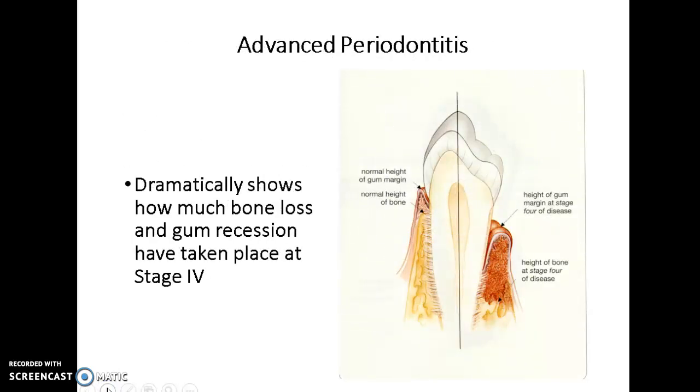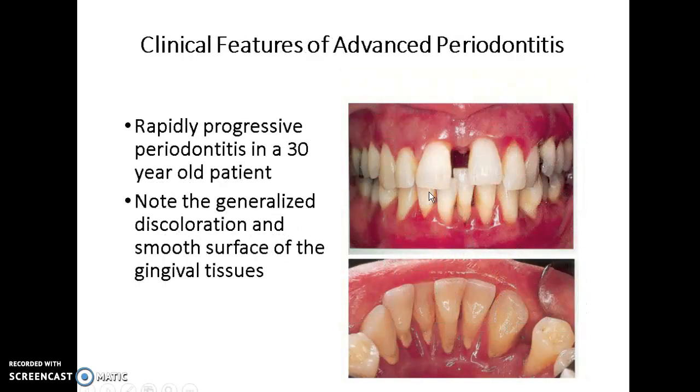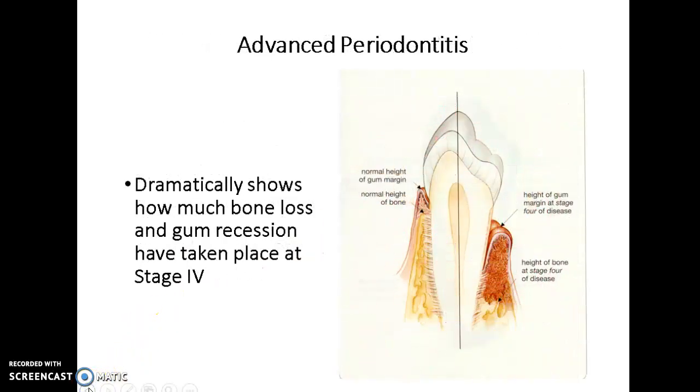Advanced periodontitis: this graphic is going to dramatically show how much bone loss and gum recession have taken place at stage 4. So here we have a healthy alveolar process, healthy, well-adapted soft tissue, all the way up to the crown of the tooth. When we go to this part of the slide, we have our bone.